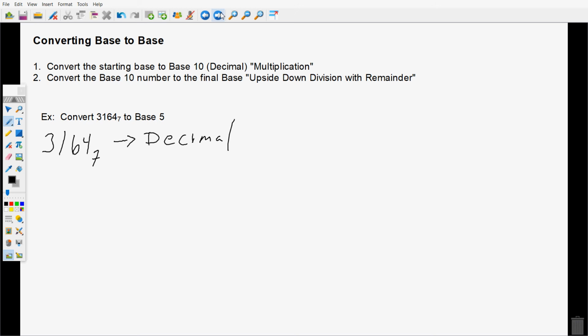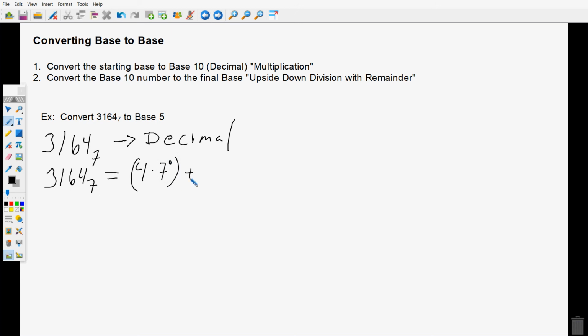So I need to start off with 3164 in base 7 and make that a decimal number. To make that into a decimal number, I take the farthest right digit, which is 4, times the base to the 0 power.